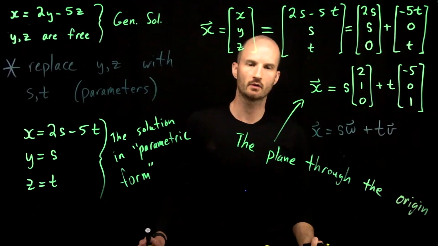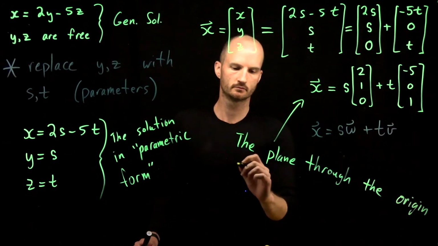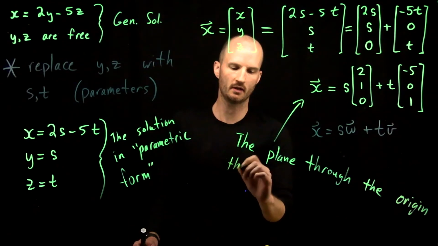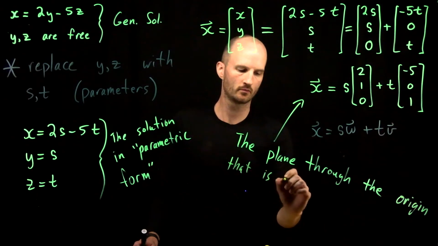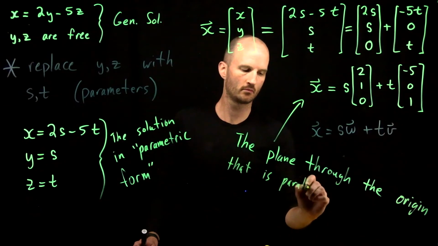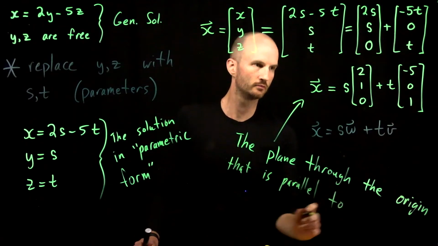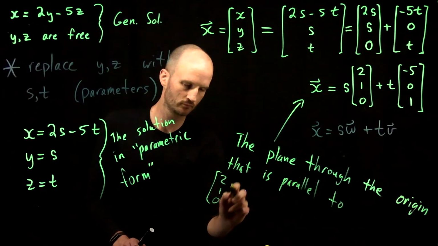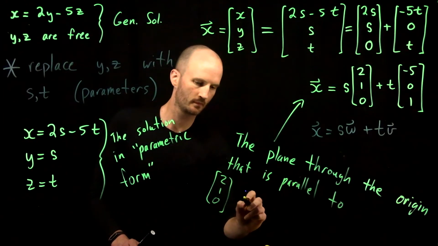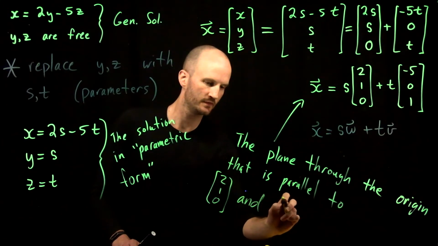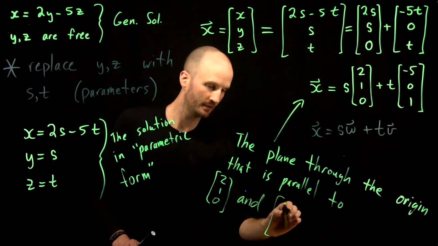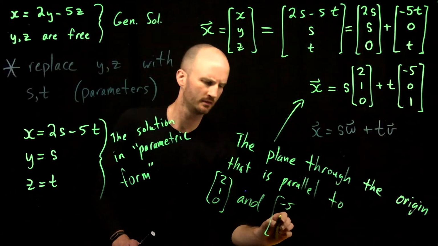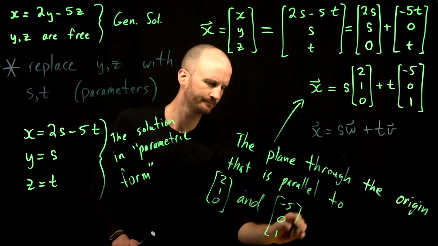So the plane through the origin that is parallel to (2, 1, 0) and (-5, 0, 1).